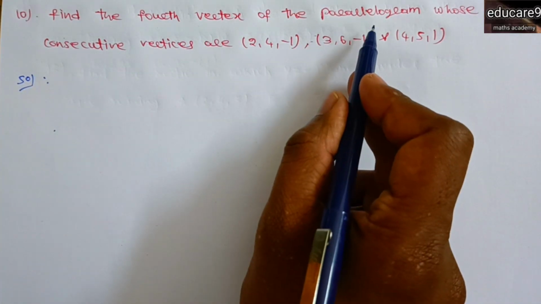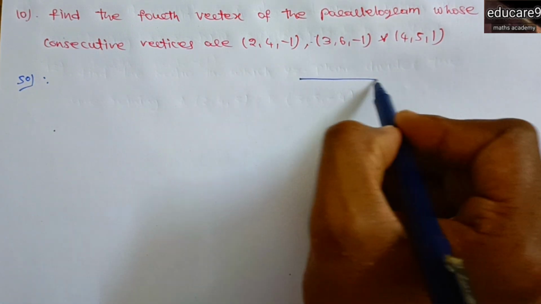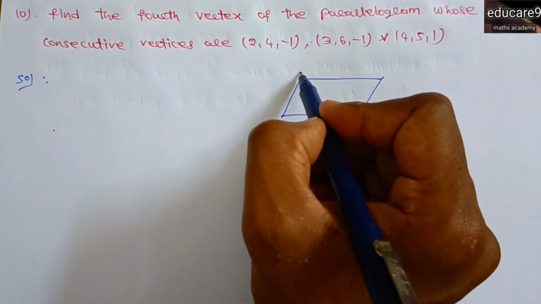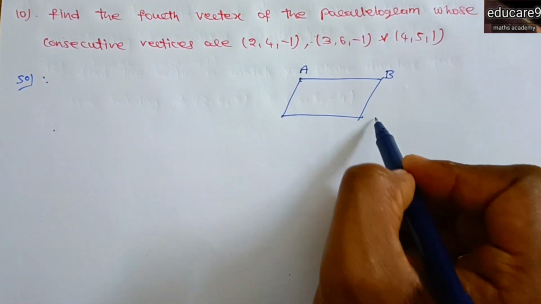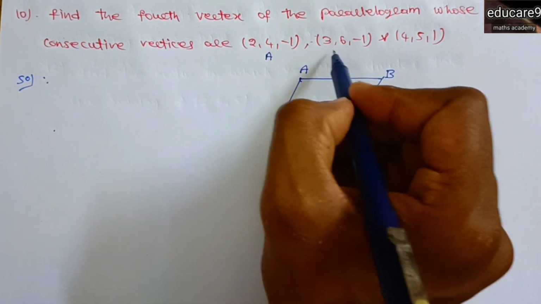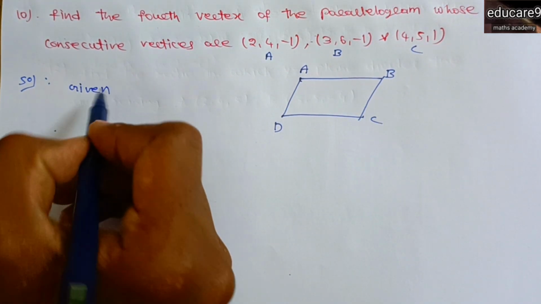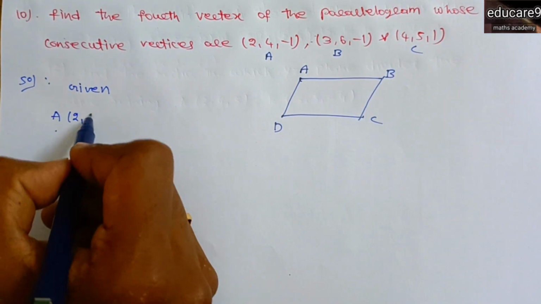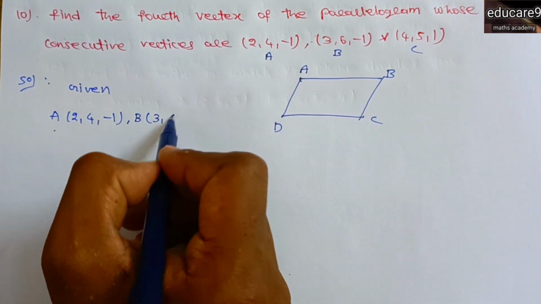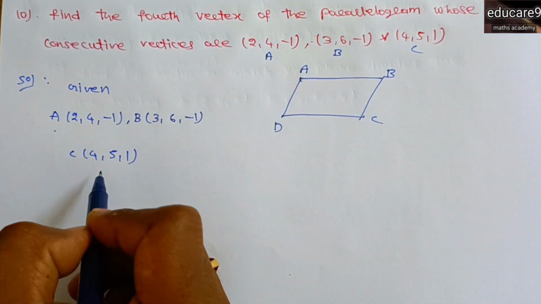Find the fourth vertex of the parallelogram whose consecutive vertices are given. So here, this is the parallelogram. Let us consider the vertices A, B, C, D. The given consecutive vertices are A, B and C. A is (2, 4, minus 1), B is (3, 6, minus 1), and C is (4, 5, 1).